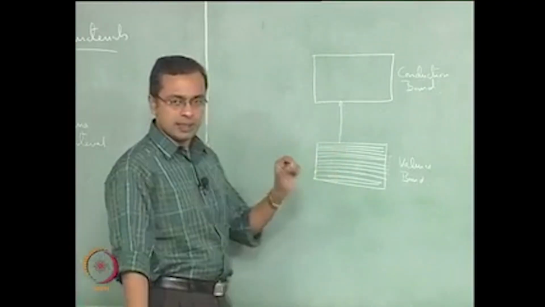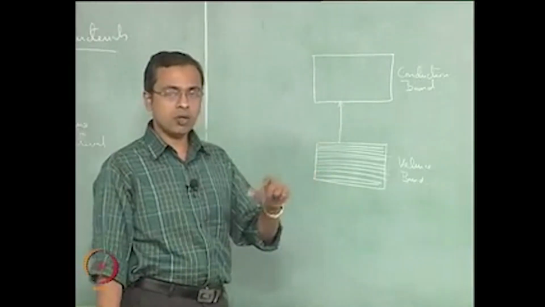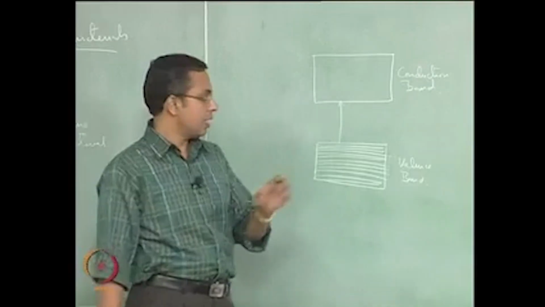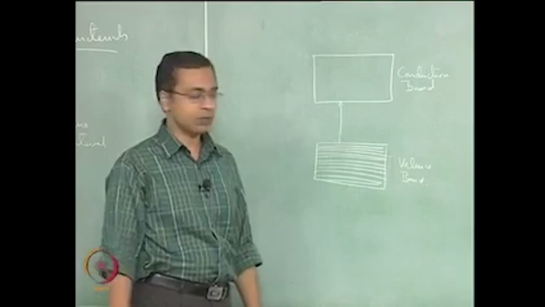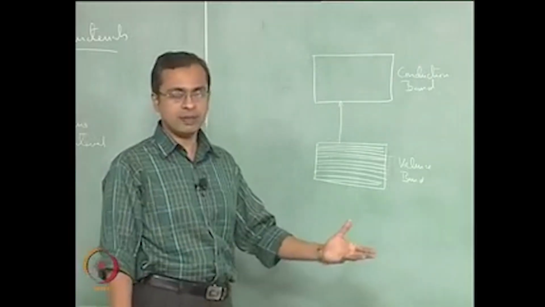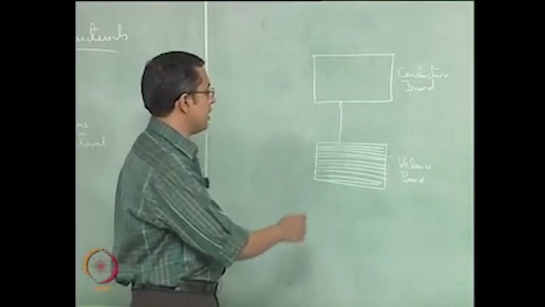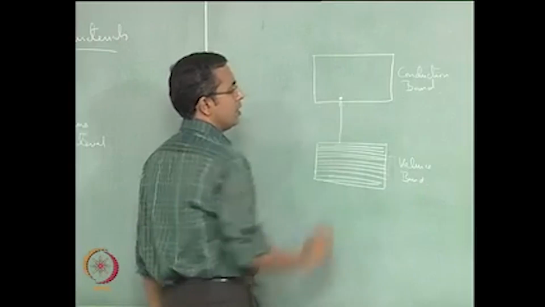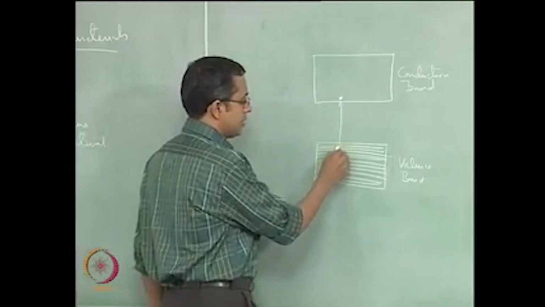What we will now discuss today is what happens after this transfer. Okay. So, we have talked about the transfer, the factors affecting the transfer, and what is the significance of it in terms of optical properties, what wavelengths will be absorbed, all those things we have discussed. But we will now see what happens after we do this transfer. So, what have we done after we have done this transfer? We now have an electron sitting here in the conduction band, and we have a hole sitting here in the valence band.